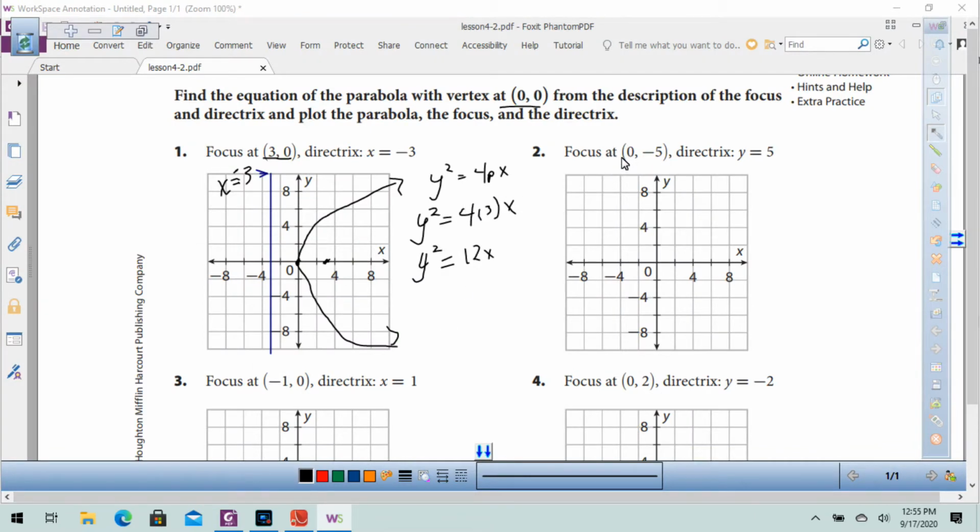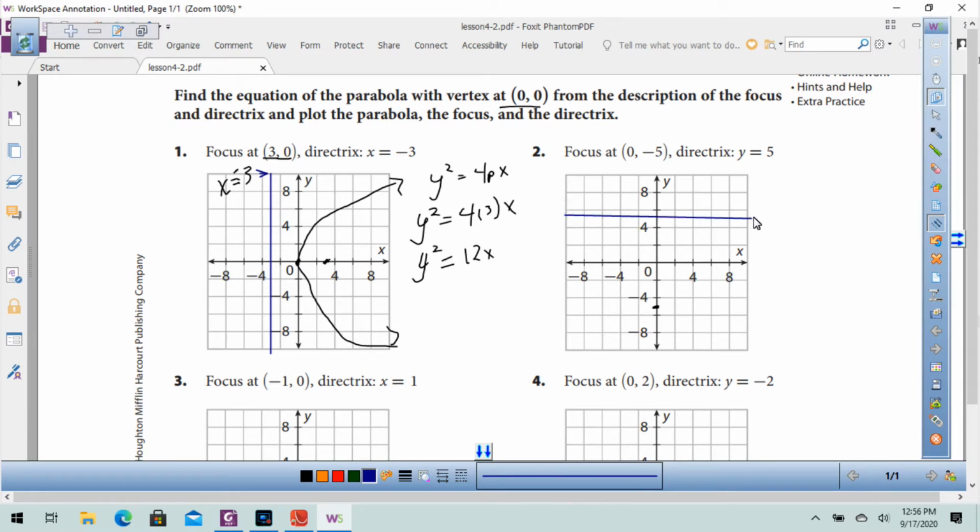Number 2, we have a focus at 0, -5. So 0, -5 ought to be about right there. Okay, and our directrix is at y equals 5, and it's going to be maybe right there. Might be a tad high. Okay, good.